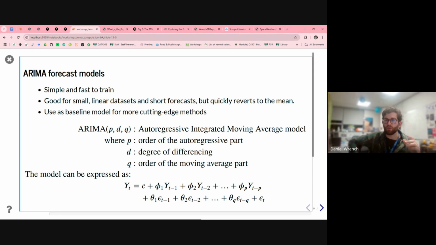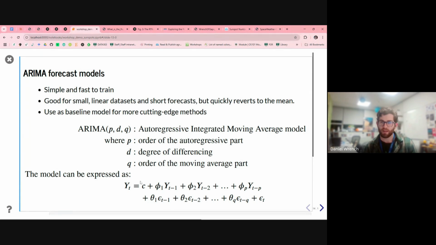And remember, I showed that just by taking the difference of the time series, we can get rid of various trends and improve the stationarity requirements for this model. Sometimes you'll do it once, sometimes you might need to do it more than once. So this d parameter tells you how many times to difference the series before you fit the model, and thereby have more robust coefficient estimates.